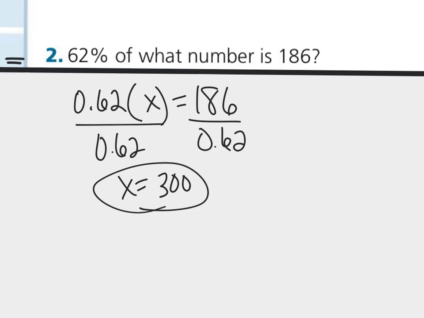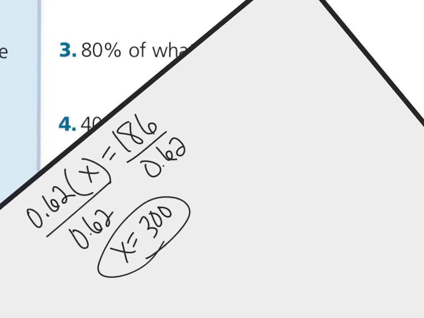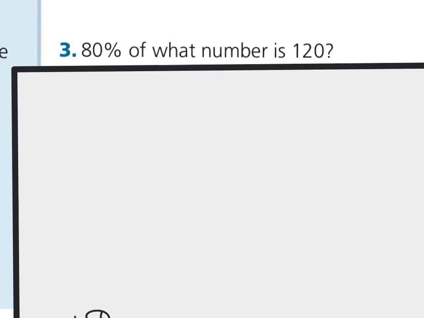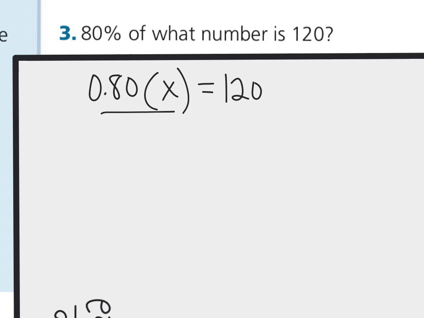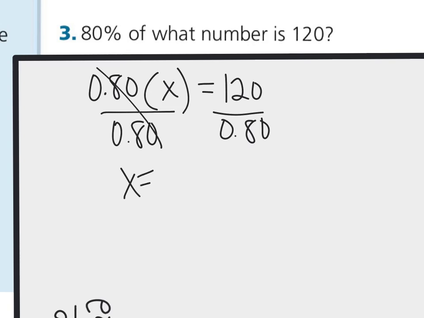Okay, and just like anything, repetition, the more practice you get with this, you get to a point where you're not really even going to have to think about it too much, what you're doing, probably. So percent to a decimal times what number equals 120. So divide. And that would be 150.